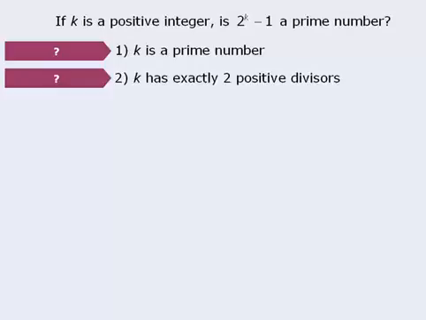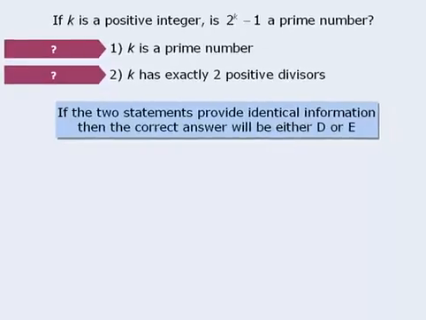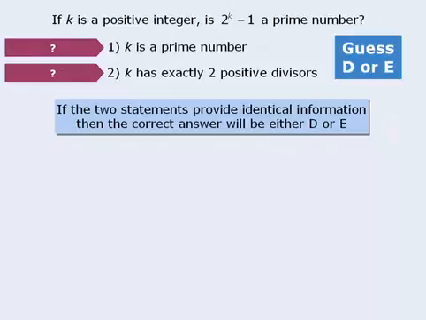Now, we have a nice rule for this situation, and it says, if 2 statements provide the same information, then the correct answer must be either D or E. Now, this should make some sense to us. If both statements provide the same information, then the correct answer cannot be A, B, or C. So for this question, we should guess either D or E.